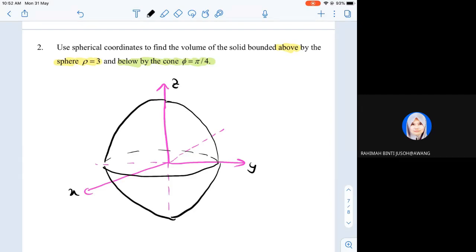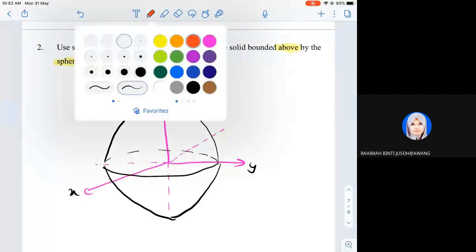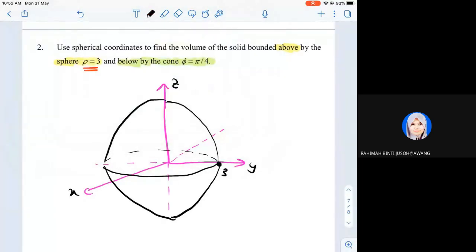Berapa radius sphere ni? What's the radius, guys? 3. Yes, very good. Should be 3 lah. Dia kata rho equals 3 kan. So yes, the radius is 3. So here should be 3. Right here -3. At the back should be -3. Atas ni pun 3 lah.